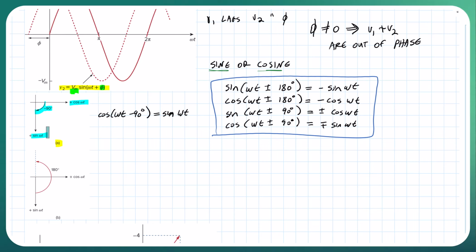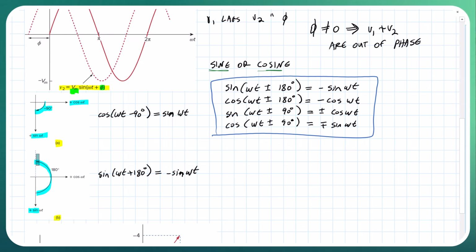And then the second figure here, part B, we start at sine omega t and we add plus 180 degrees to it. That's going to give us a minus sine omega t. So we start off at plus sine omega t and go in the positive direction.